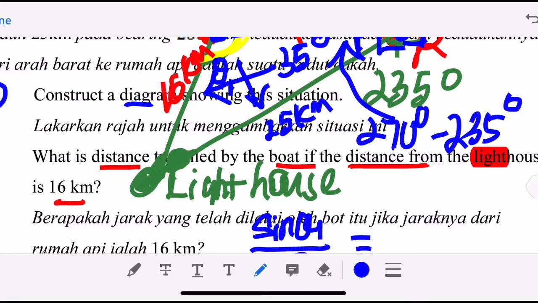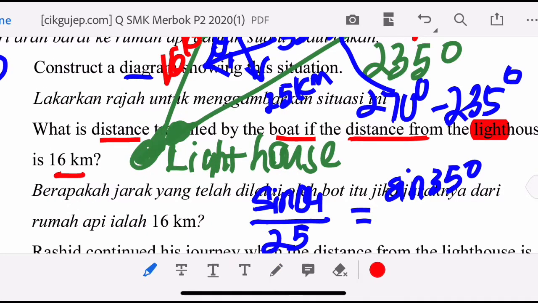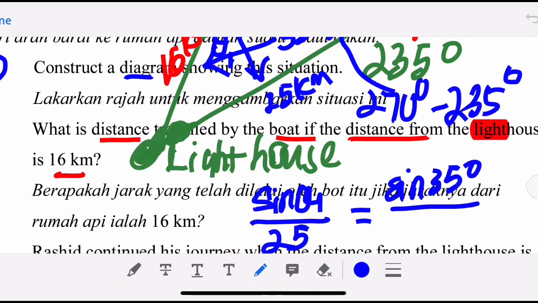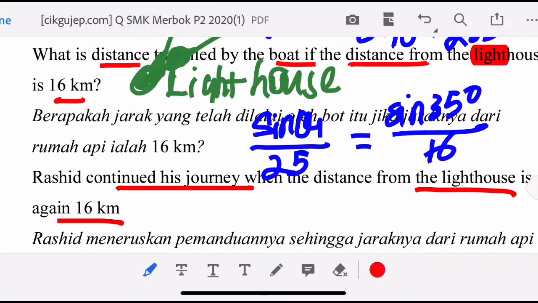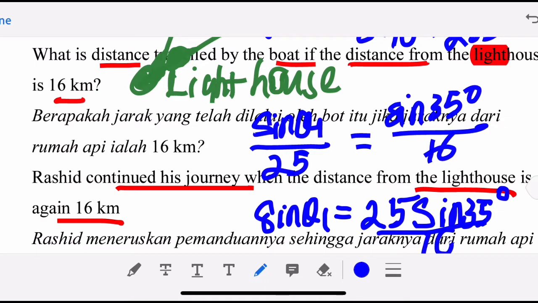Sine 35 degree over 16. So if you solve for theta, sine theta 1 is 25 sine 35 degree over 16, right?